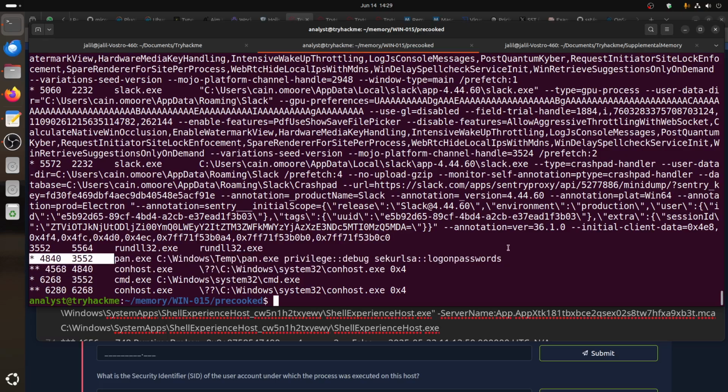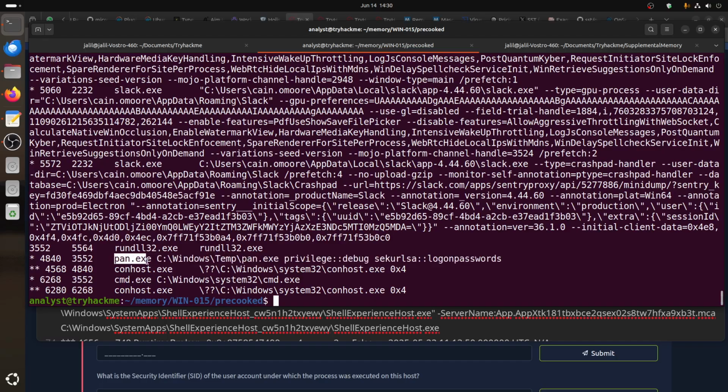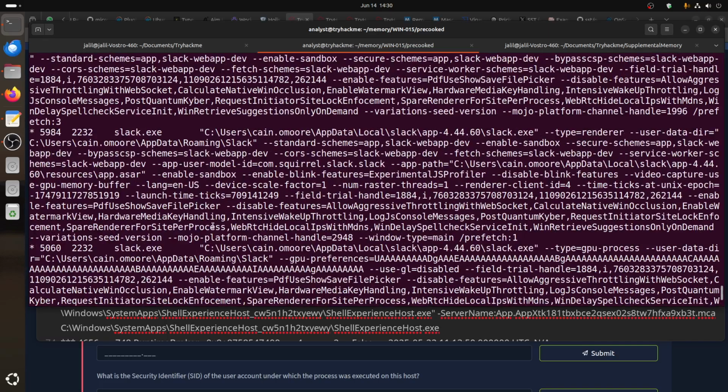First of all, you can notice here, without following the room, you can see something interesting: span.exe running from the temporary file folder. This is flagged, and if it reminds you of Mimikatz, you can see this command there.